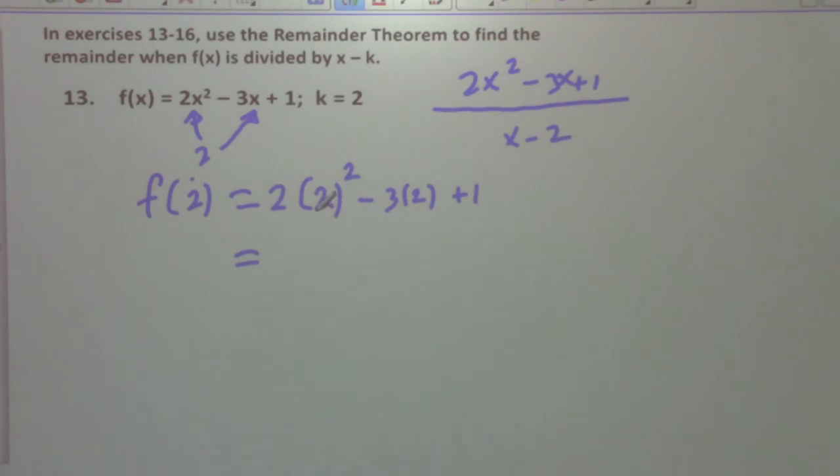So we get 2 times 2 squared, which is 8, minus 6 plus 1, which equals 3. So this tells us the remainder is equal to 3. Is x minus 2 a factor of 2x squared minus 3x plus 1? Because the remainder is not 0, it is not. So the remainder equals 3.